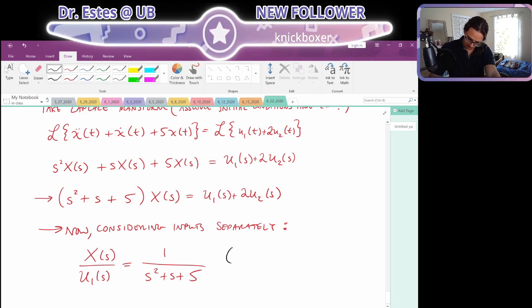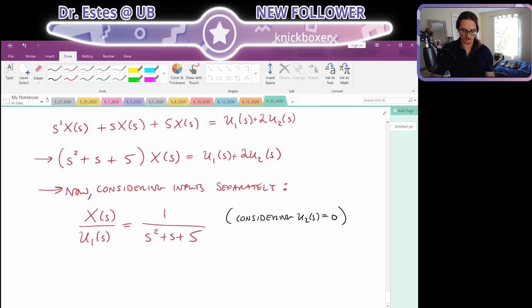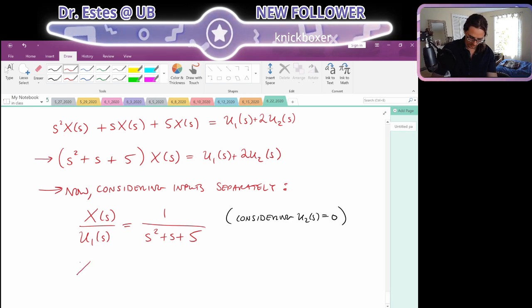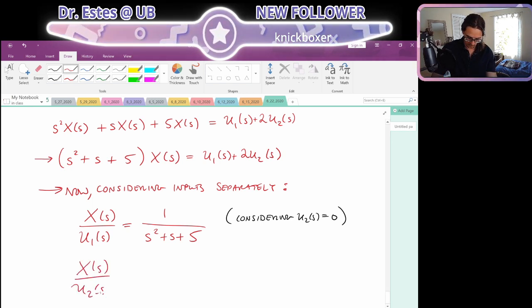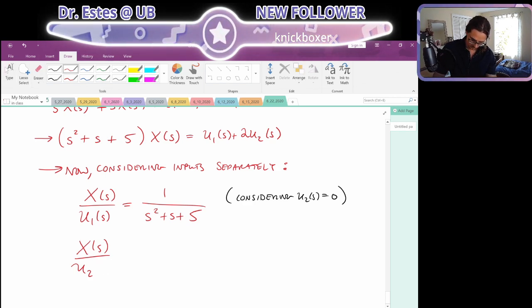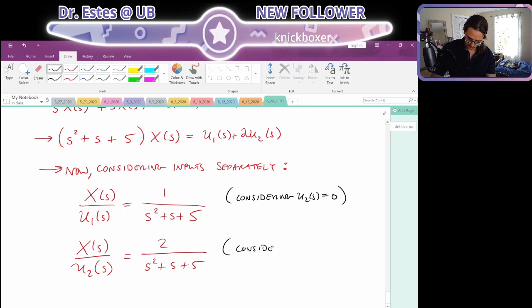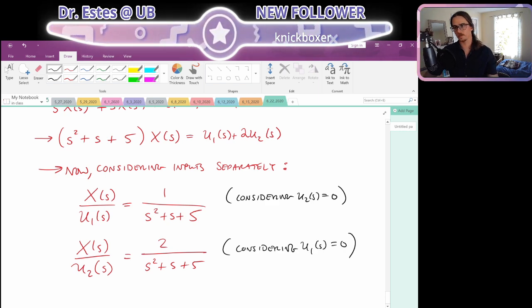So just to be clear, here I'm considering u2 of s to be 0. That's the only reason I can write it like this. And then with respect to the other input, u2, I'm considering u1 of s to be equal to 0.